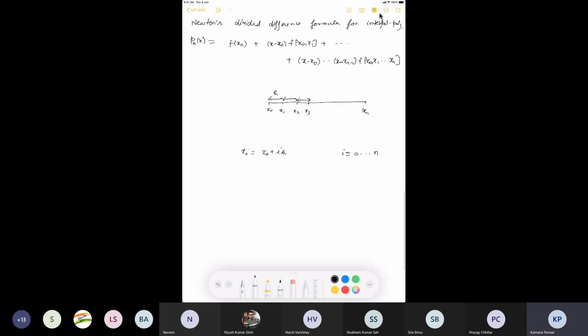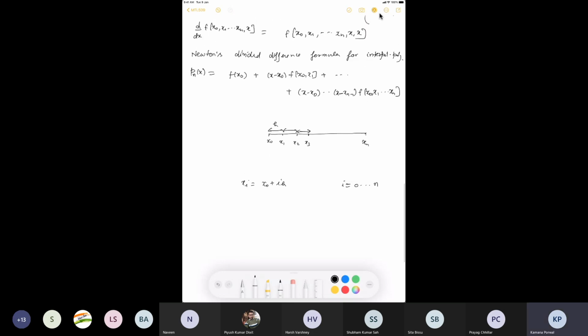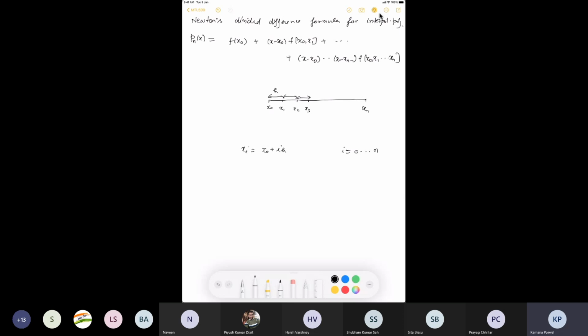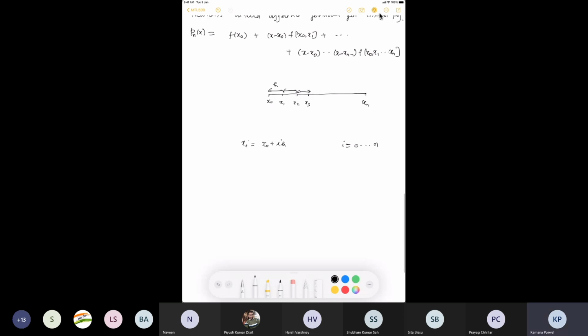So let's see how we can do the simplification. I'm going to use another notion, which is the forward differences. So we will get a new form of the interpolating polynomial, which we will call Newton's forward difference form of the interpolating polynomial.